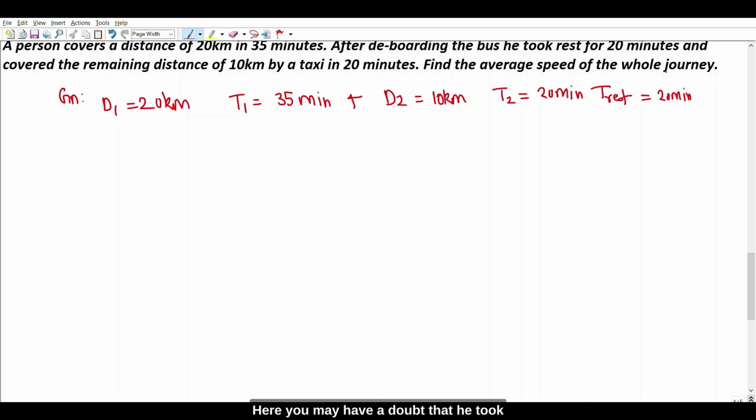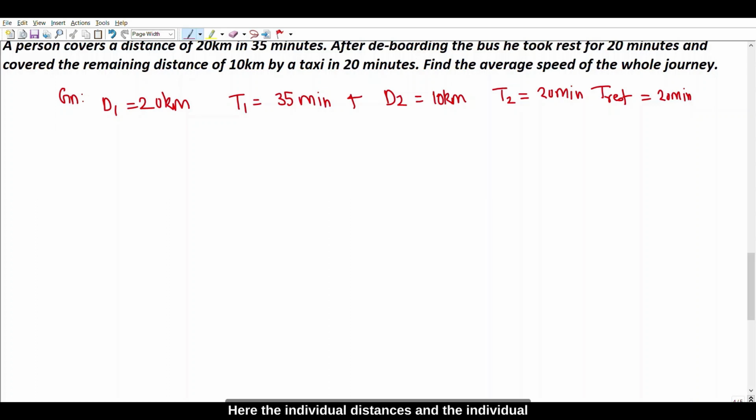Here, you may have a doubt that he took a rest and whether it can be utilized in calculating the average speed or not. Though he takes rest, including that time only, the overall time taken of the journey will be calculated. Henceforth, the total time taken also involves the time he spent for resting.